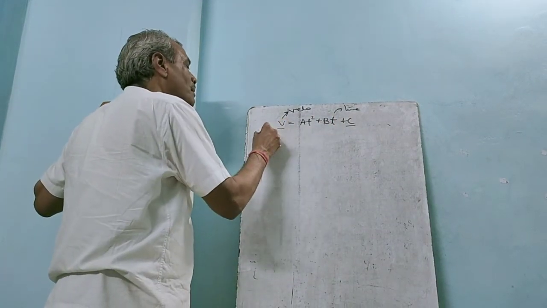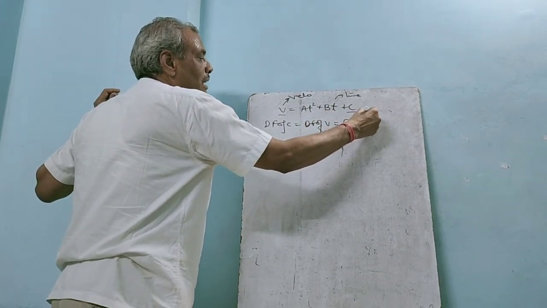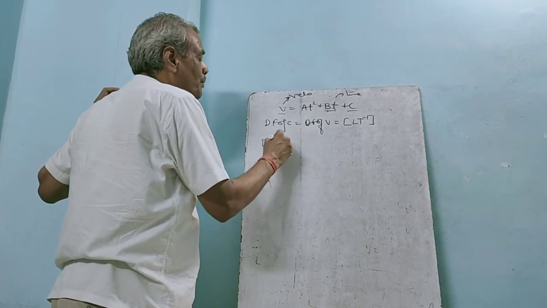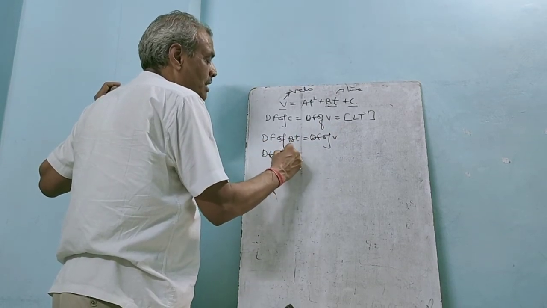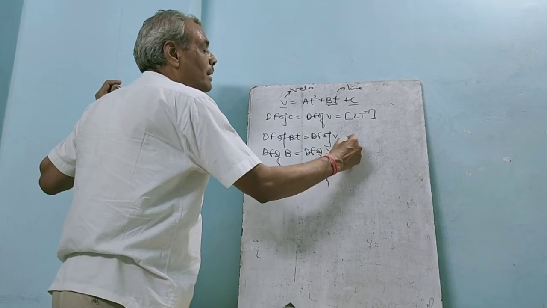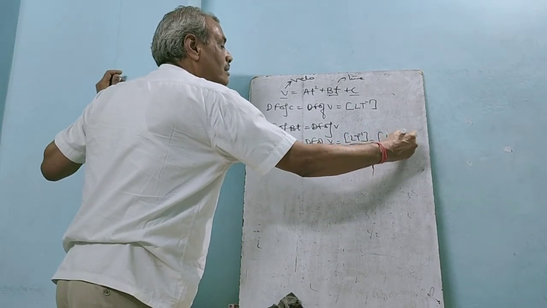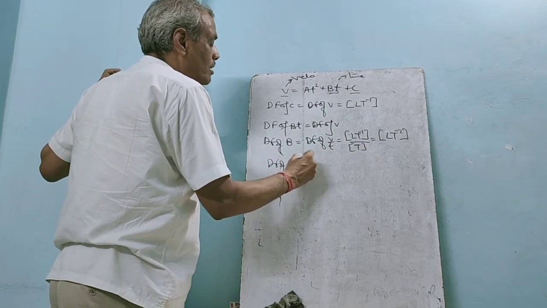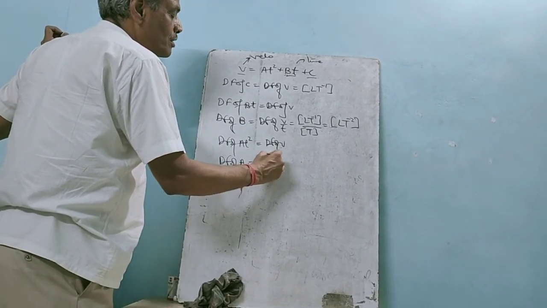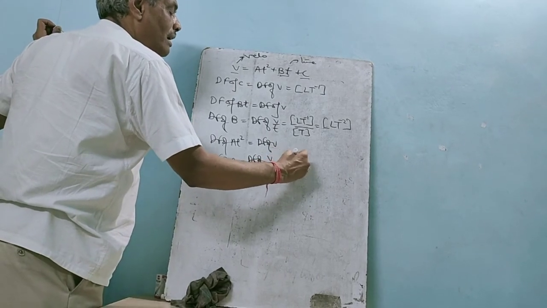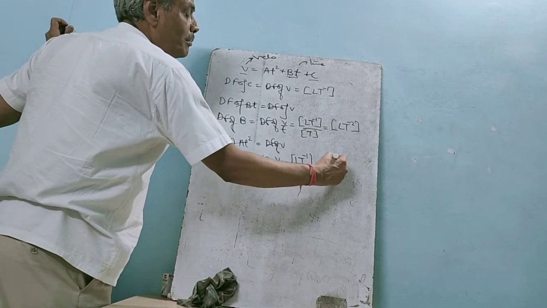It means the dimensional formula of C equals the dimensional formula of V, that is LT minus 1. Now the dimensional formula of BT equals that of V, so the dimensional formula of B equals V upon T, velocity LT minus 1 upon T. So LT minus 2. The dimensional formula of AT square equals that of V, so the dimensional formula of A equals V upon T square, LT minus 1 upon T to power 2, which will come LT minus 3.